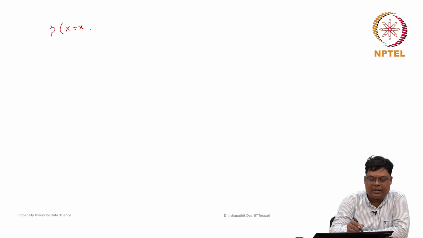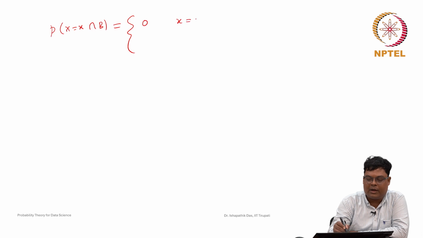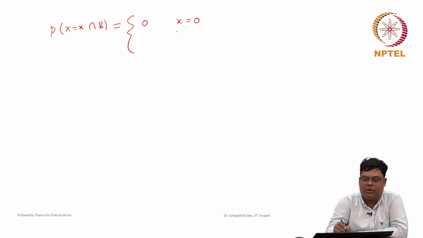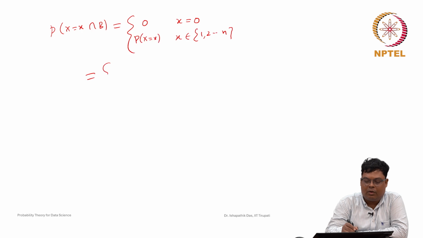x is equal to x intersection b can be written as 0 whenever x is equal to 0, and whenever x belongs to 1 to n, this probability is nothing but the probability of x equal to x.